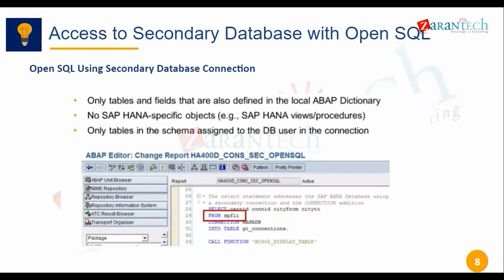Only tables and fields that are defined in the local ABAP dictionary can be accessed using this connection. In HANA, we have things called views and procedures, and we cannot access those objects using this secondary database connection, right? Only the tables inside the schema which are assigned to the DB user used in the connection can be used.